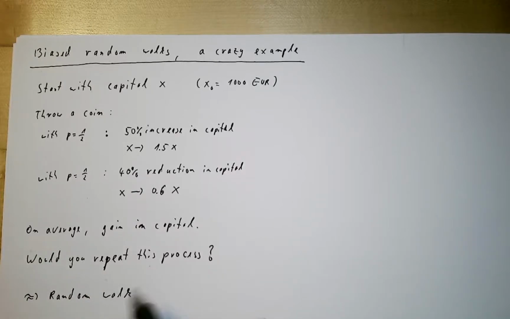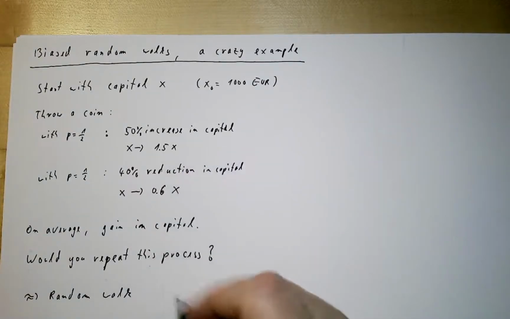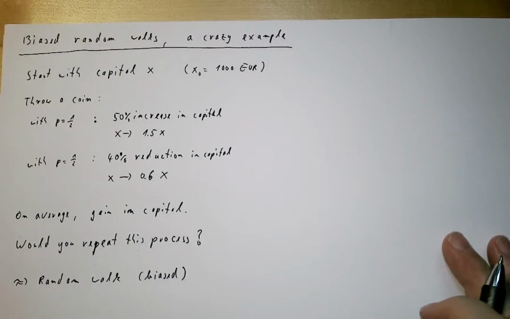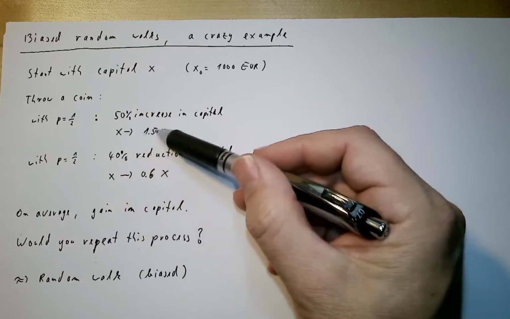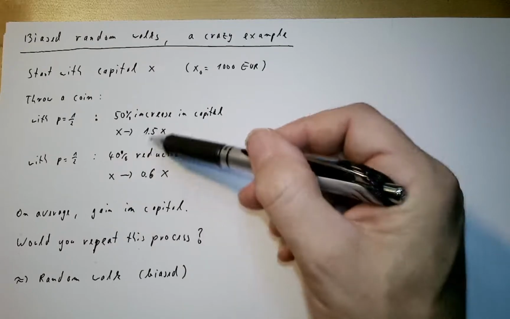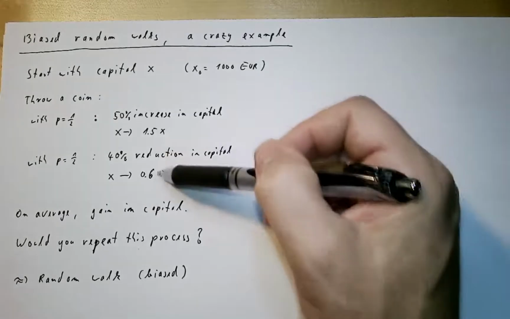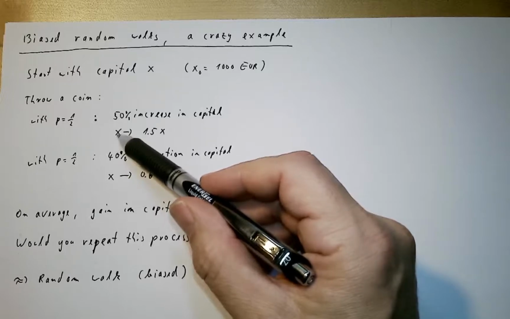And this walk is not symmetric here. But this random walk is different from the walks we had before, because the width of the steps, up or down, depends on the state x.